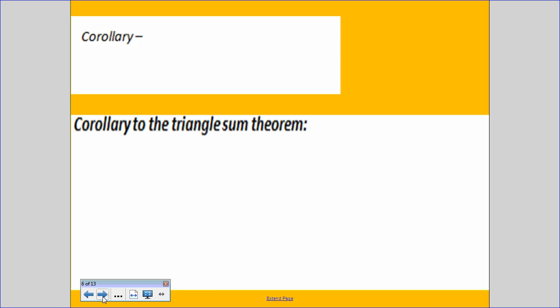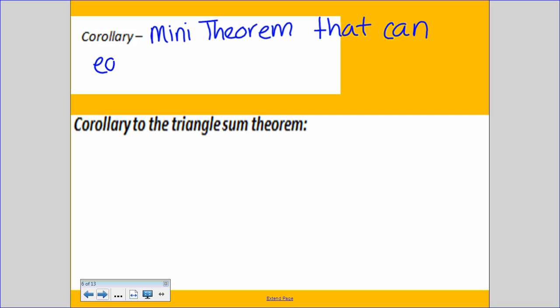Then we have a corollary. A corollary is actually a mini theorem. That's what you'll hear Miss B call it most of the time. It's a mini theorem that can easily be proven using the theorem it is named after.